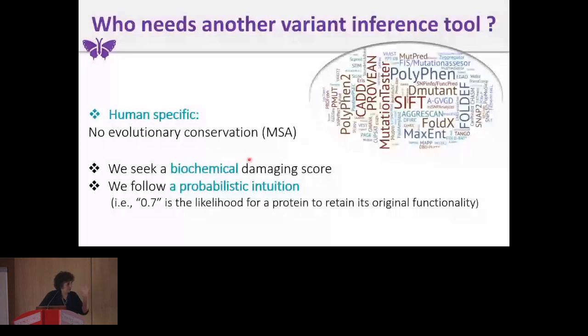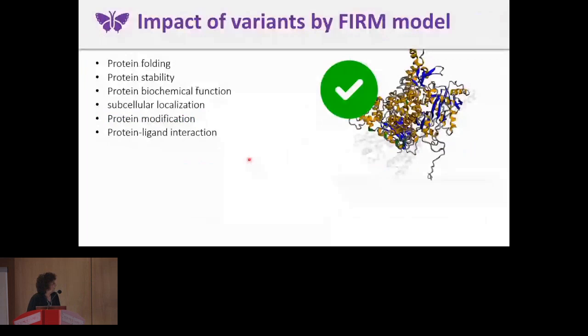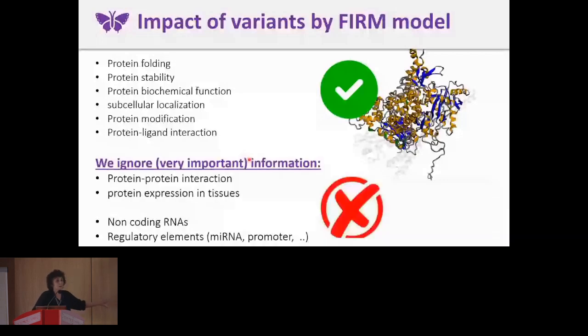Okay, so we have this numbering, so we can capture a lot of features, including localization, modification, protein ligand, a lot of biochemistry, and of course some we did not include on purpose, including protein interaction, protein expression and non-coding RNA. A very important aspect that we didn't.